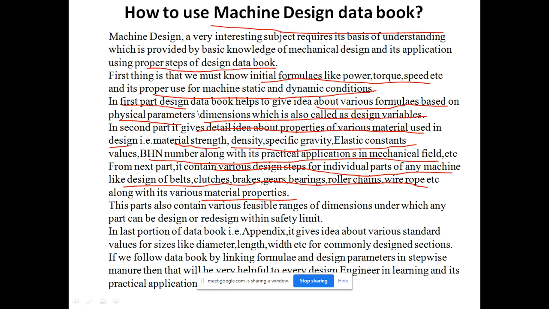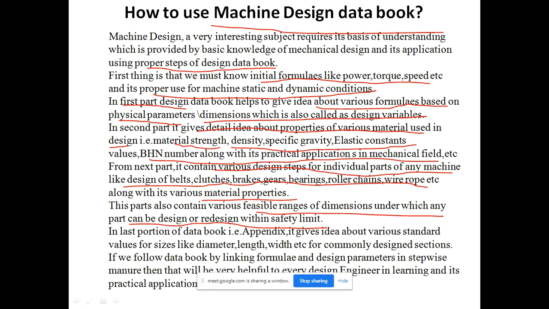The third part will contain the various design guidelines for various mechanical and automobile components, along with their material selectors. Miscellaneous material properties may be provided in the third part of the design book. This part also contains the various feasible ranges of dimensions under which any part can be designed or redesigned within safety limits.